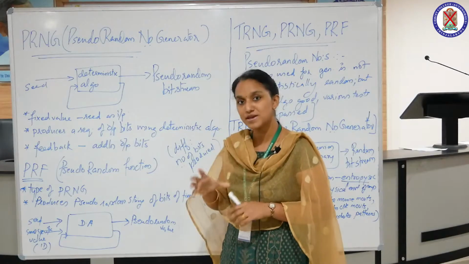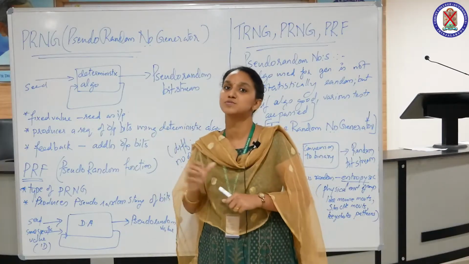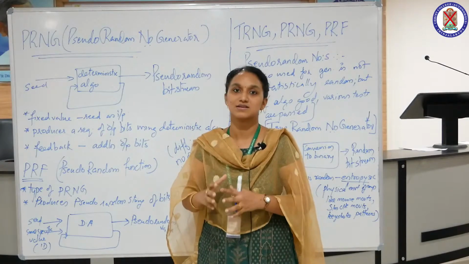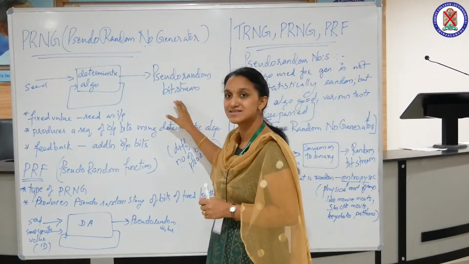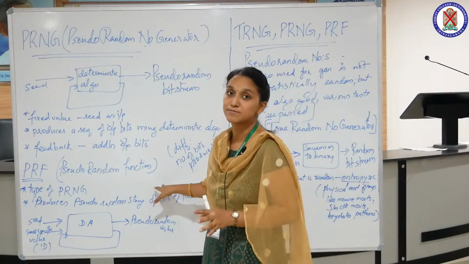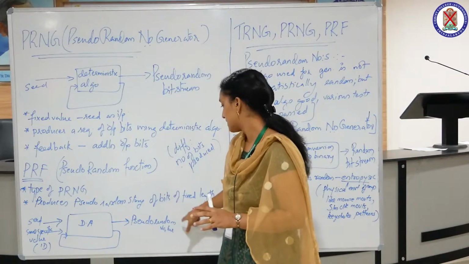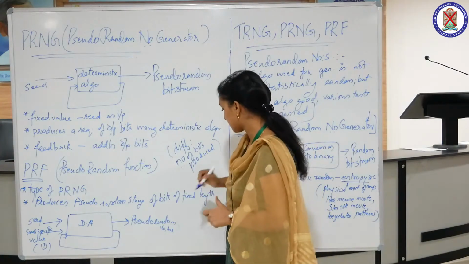For PRF you have a fixed length value for the output bits, but that is not the same for PRNG. You have a pseudo random bit stream, but the length can vary, and that's not the case with PRF. For PRF, the pseudo random value will have a fixed length.